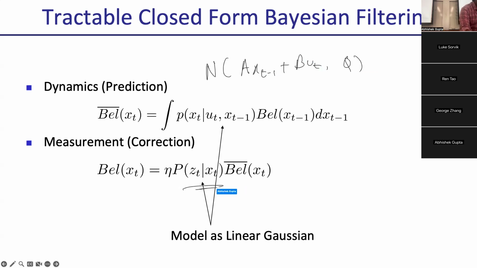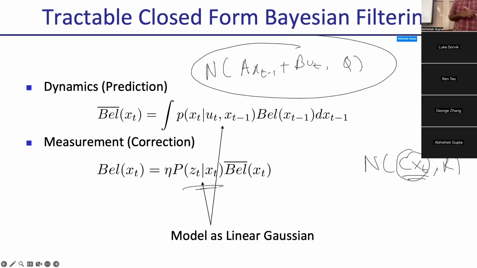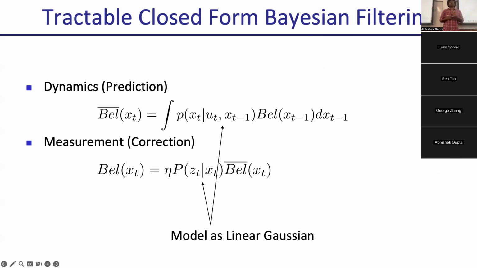And the measurement mean is going to be some linear function of x t. So when you're saying things are linear Gaussian, that means the mean is linear, and the probability distribution is a Gaussian. And that's going to make things easy to evaluate.